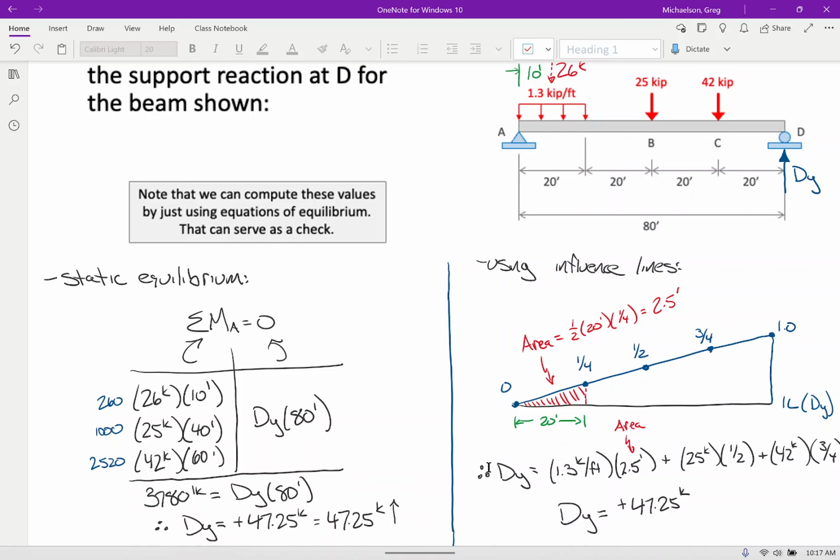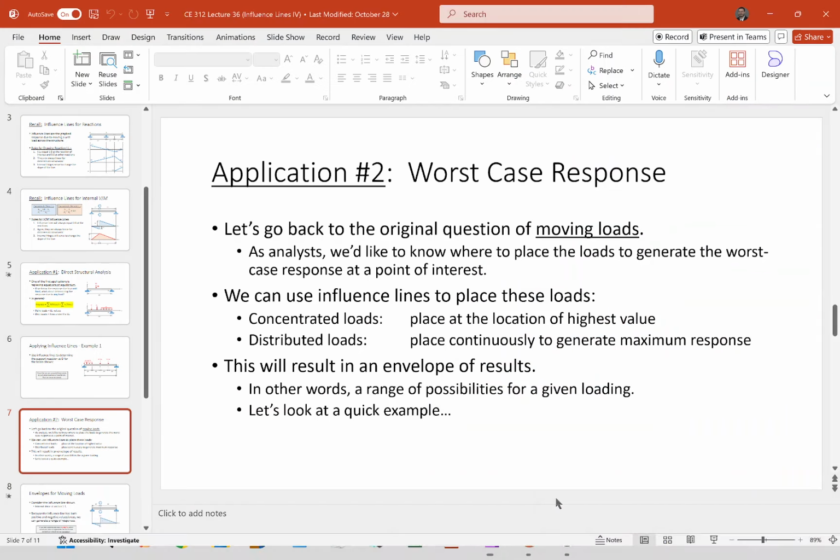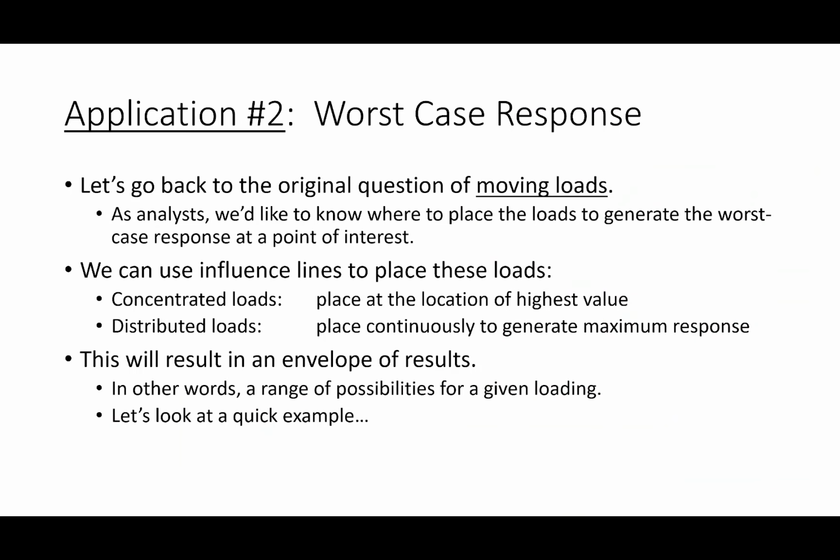All right. So, okay. If we want to get general, let's look generally. Generally, with an influence line, if we have moving loads, and they are concentrated loads, like my example here on the board, we place that at the location of highest value. If it's a distributed load, place it wherever it's going to generate maximum response, right?